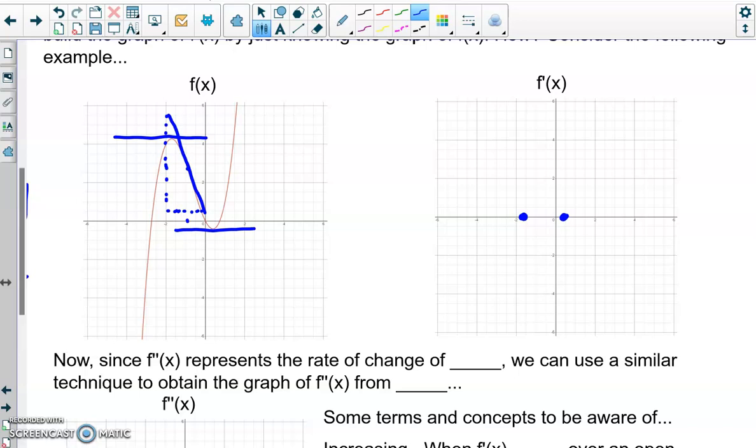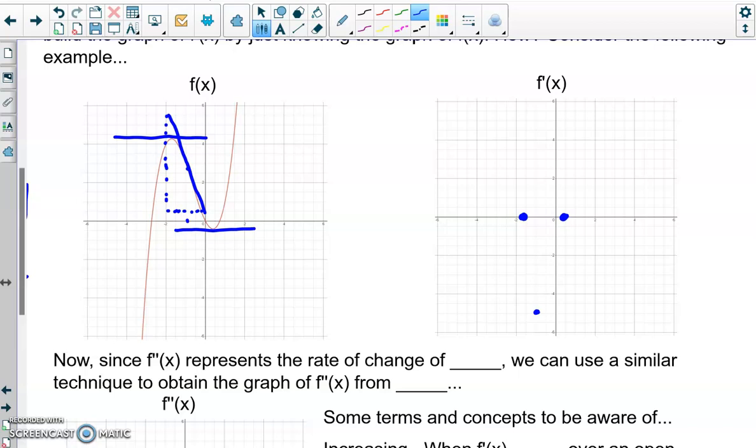So really a drop of 5 on the y-axis over the course of 1, 2, 3, 4, or 2. So we're really looking at a drop of 10 over 2, which would be 5. So -5 at x is -1. So over here on my f prime, I would have at -1 a dot at -5 because that's my slope at that point.